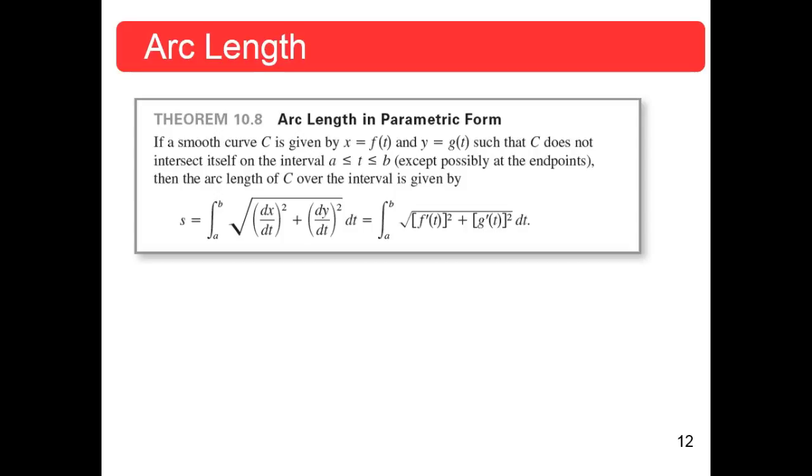Now, I don't know if you remember your arc length formula before, but before it was the integral of the square root of 1 plus dy dx squared, dx. Well, if you multiply that by dx dt, then this becomes dx dt squared under the radical.